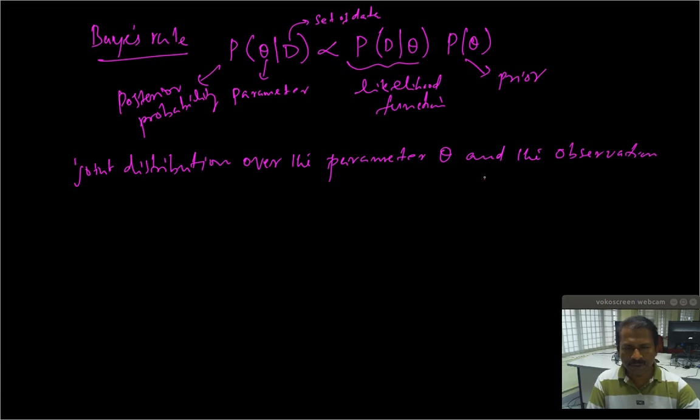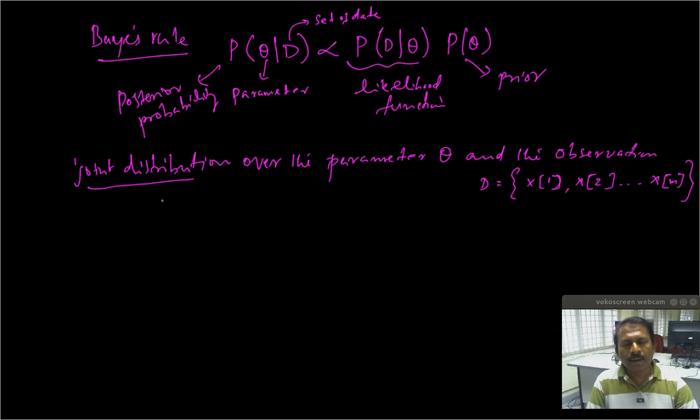The observations are x1, x2, up to xm. These are nothing but the outcomes of the coin tosses, right? So we are trying to create a joint distribution, and later we will represent this joint distribution in terms of conditionals, and we will try to compute the parameter theta, right?